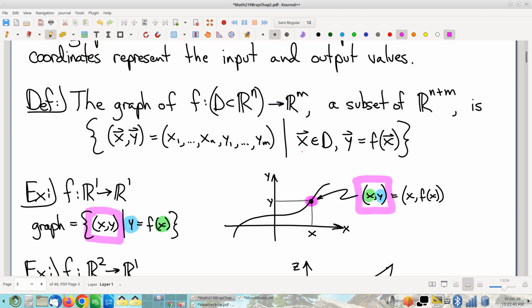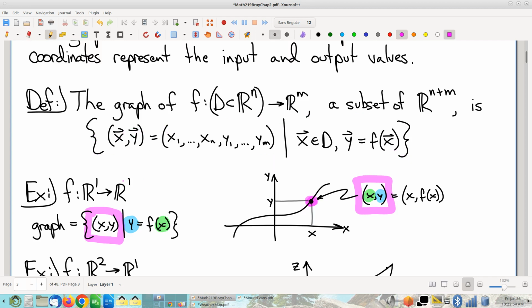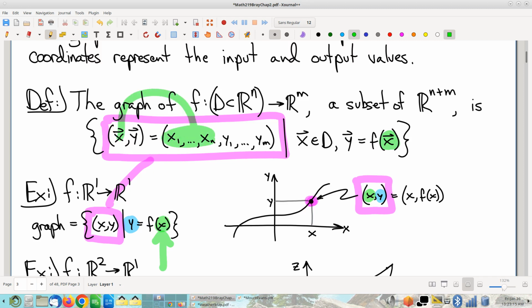Let's see here. So typically, if you're going to draw a graph, and we'll talk about how to draw it, what does it look like in a few minutes. But this definition here basically just copycats that idea, right? So a graph is a collection of points, just like it is in the familiar case, right? Where we take the inputs, the things that go into the function. Well, but now this is a multivariable function. There's actually a bunch of inputs to be put first.